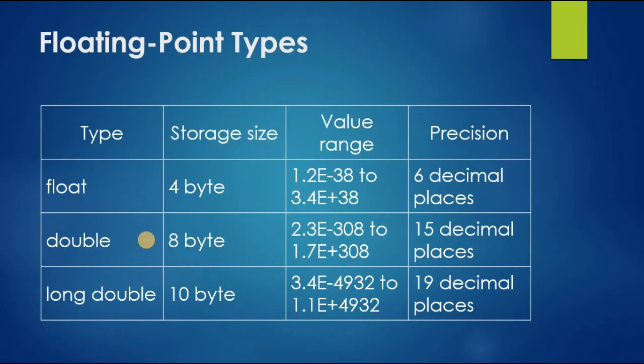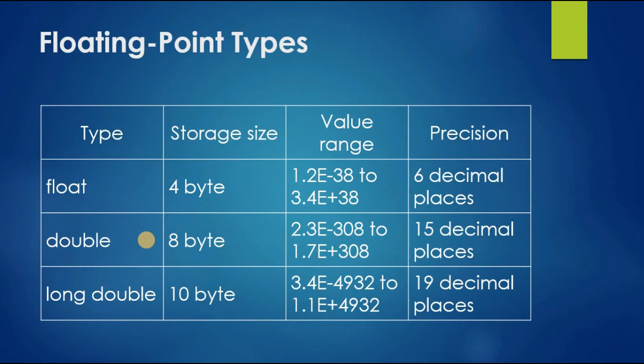The next data type is floating point types. What does floating point mean? It contains a decimal point. Here the float data type has a storage size of 4 bytes, the value range is 1.2E-38 to 3.4E+38, and the precision is 6 decimal places.